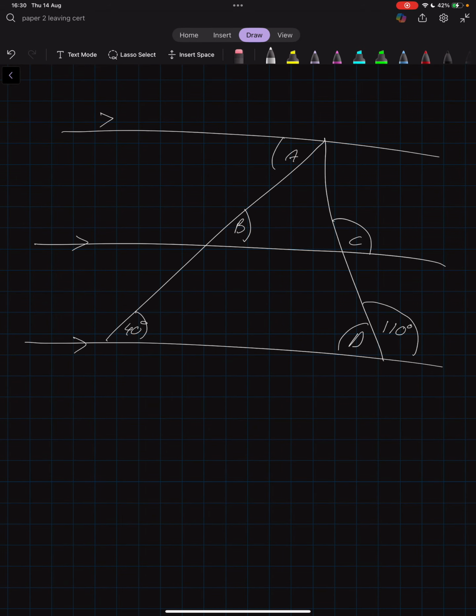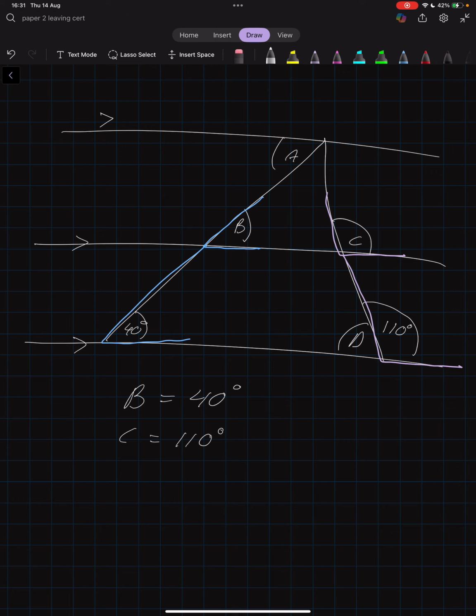The very first thing I'm looking at, I have an F here between these two. So B is instantly going to be 40 degrees. I have another F over here, so C is just going to be 110.